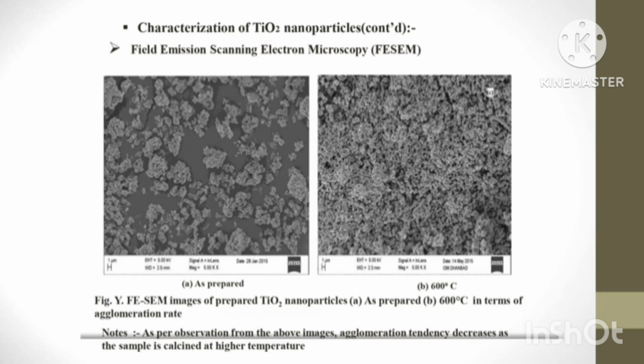The first figure A is as prepared and figure B is calcined at 600 degrees Celsius. So what is the result? You can write it in your notes.